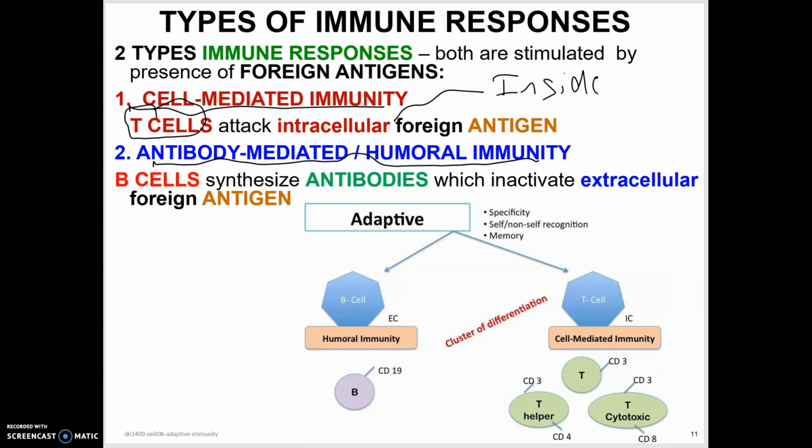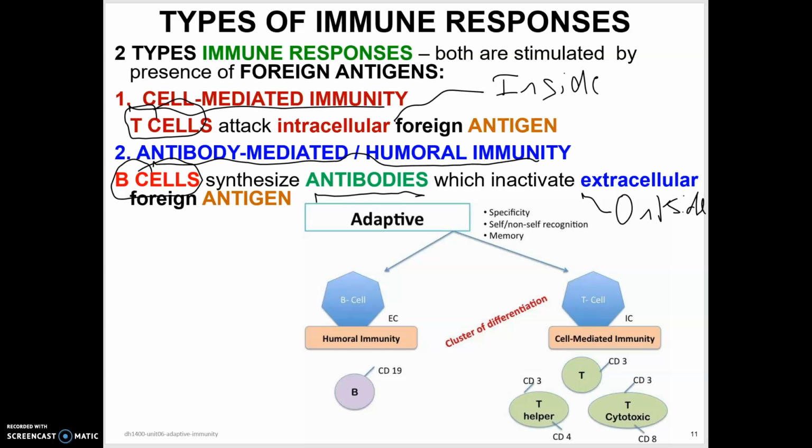This side of the immune response is going to be handled by our B cells, and our B cells are going to synthesize antibodies, and we're going to talk more about that in a little while. And that's going to attack stuff that's extracellular, so that's going to be outside cells.